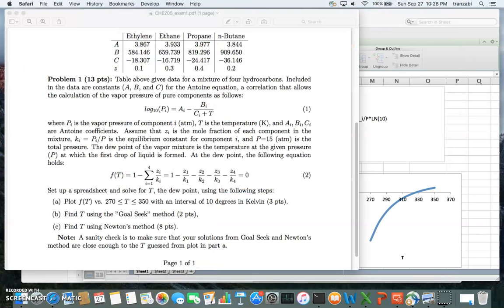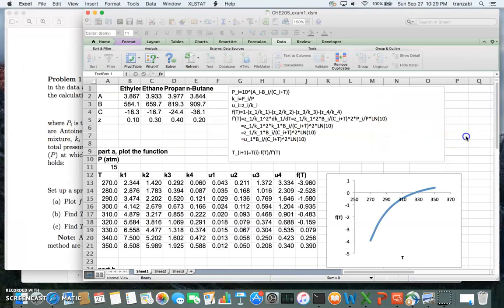Okay, so that's what we did in the spreadsheet here. The derivative of f is going to be z1 divided by k1 squared, times the derivative of k1 with respect to t. Up to here is basically the chain rule. The derivative of k1 is the derivative of p1 with respect to t, which is calculated from the Google search that I showed you.